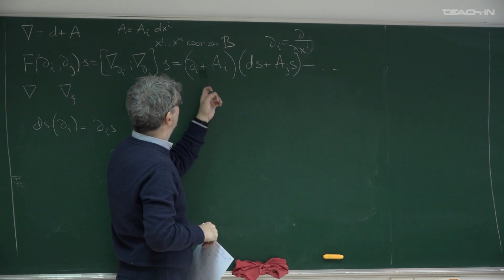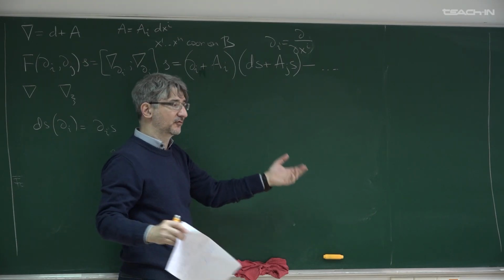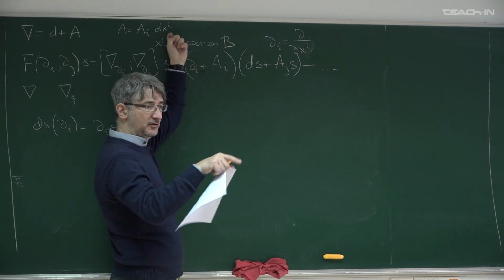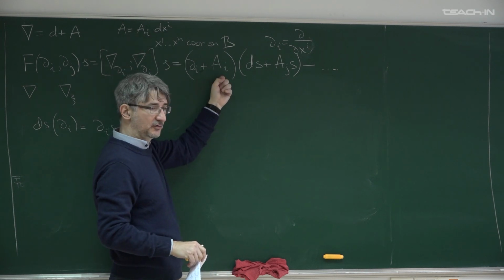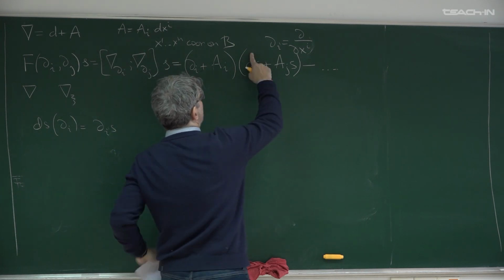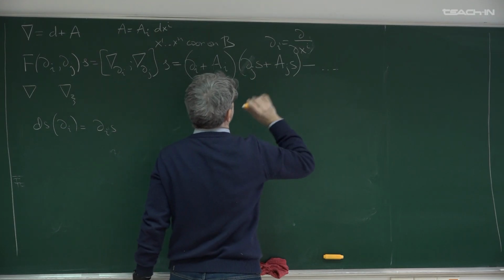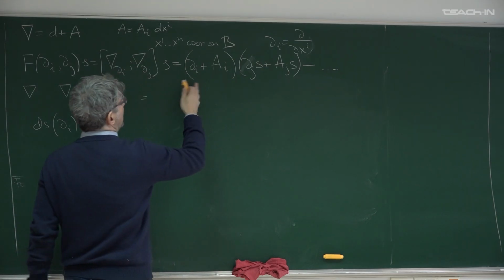That's why here we have not A all summands, but only A_i, because I substituted here the basic vector fields partial d_i. So everything vanishes except this thing. So here we also write the correct formula d_j. Now we are fine, and we can calculate what happens here.